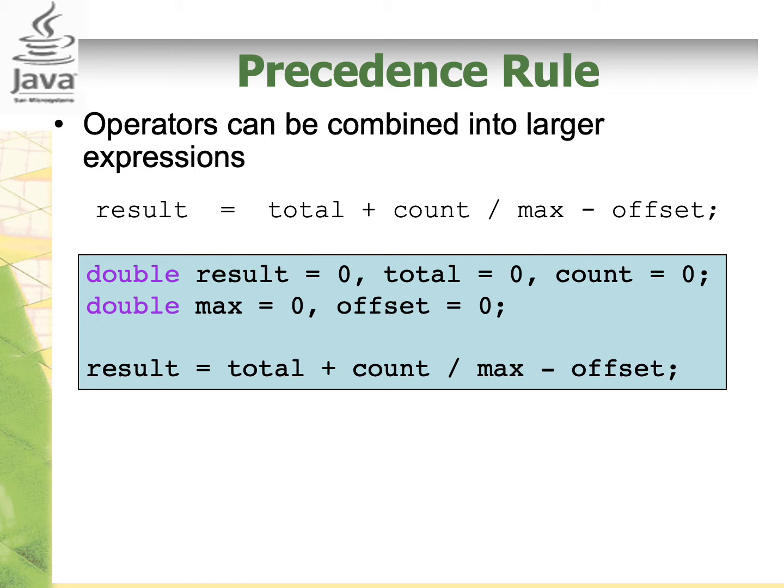And then on the next line, we have double max equal to 0, offset equal to 0. Then we have the same equation as before. So if you see here, just to recap again, when we write all our variables in one line, we have to use the comma. If it's in different lines, then we have to use the semicolon.